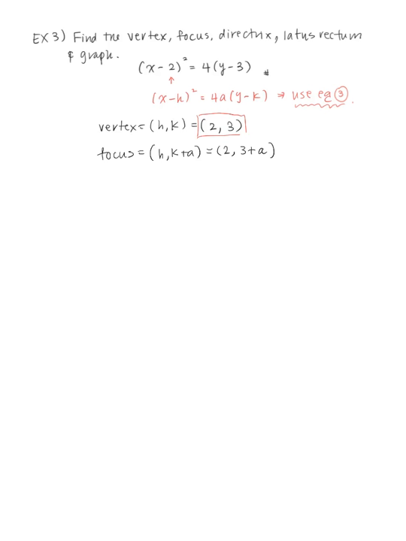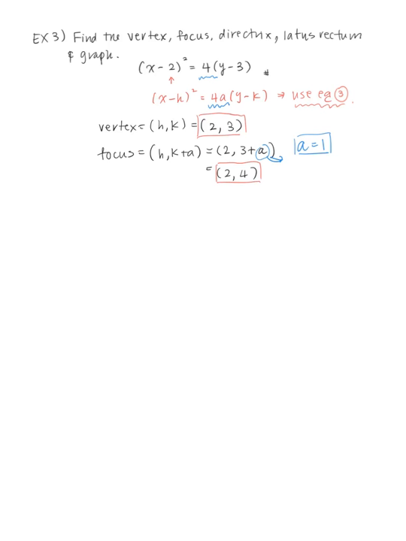If I look at the equation, we're going to have 4 equal to 4 times a. So that means the value of a must be 1. With that said, this is going to be 2 comma, a is 1, so 2 comma 4 is going to be our focus.